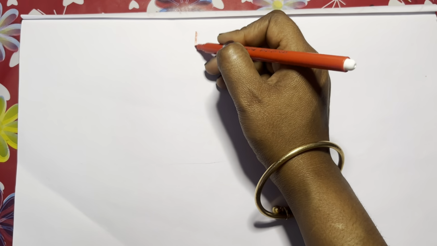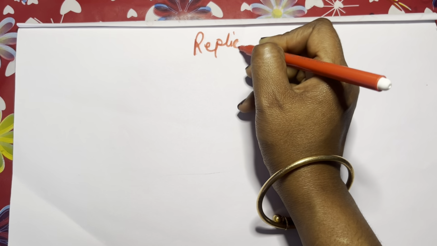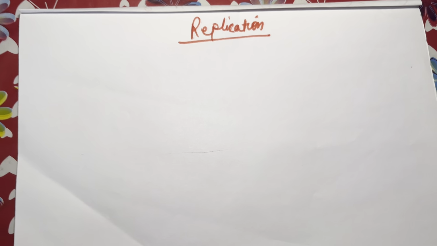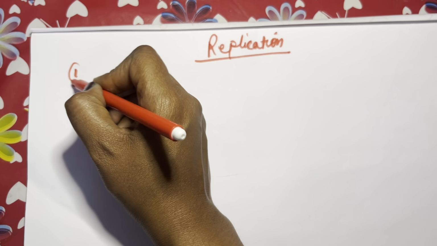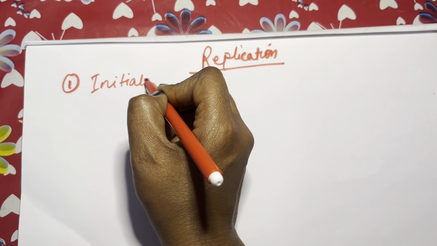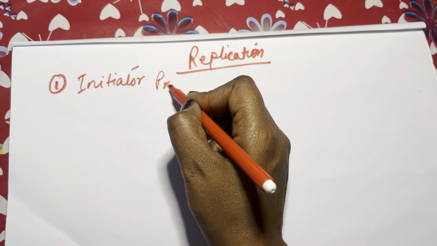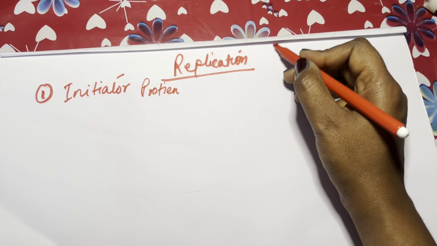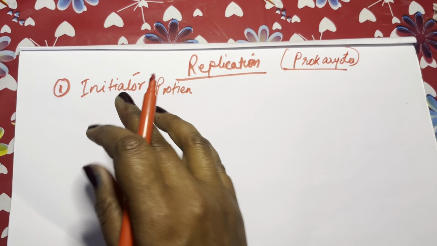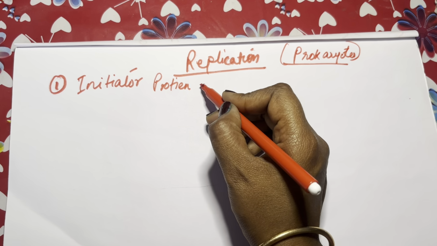Next important portion is your replication. Okay, unit molecular biology. So here we'll discuss all the proteins involved in replication. So the first thing is your initiator protein. If we talk about replication in prokaryotes, first protein that will participate is your initiator protein.